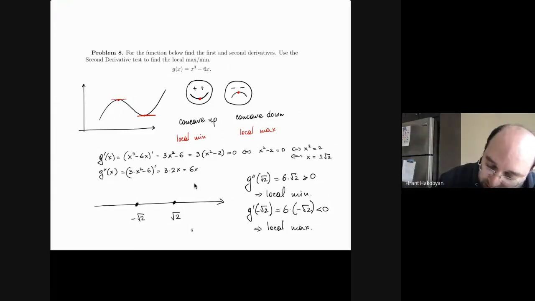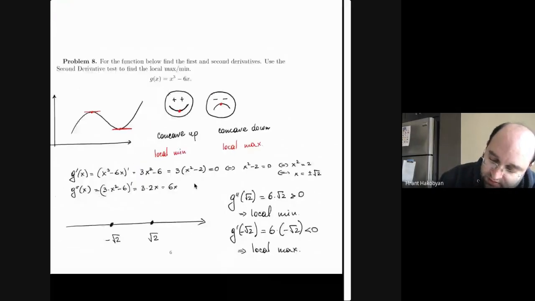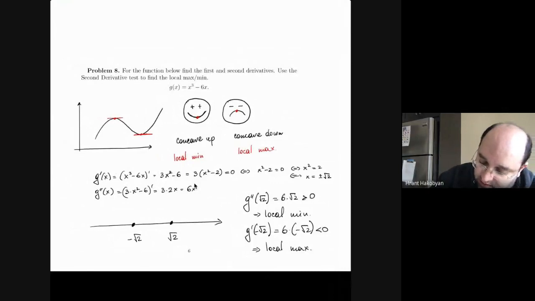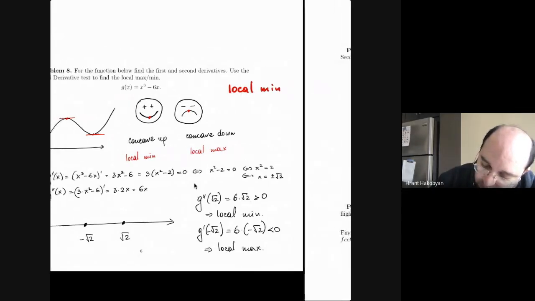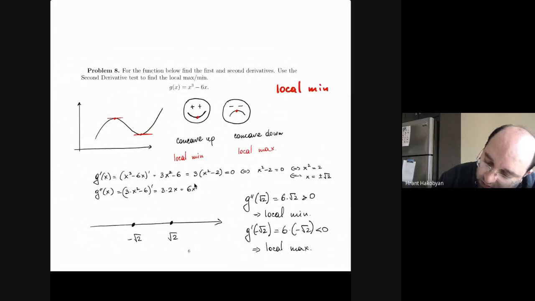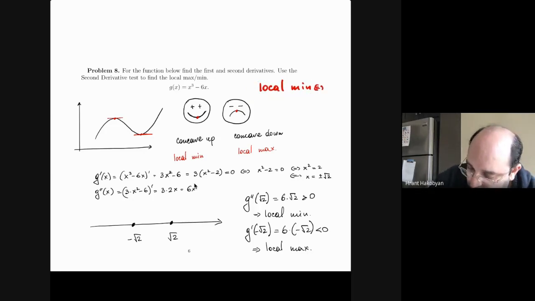This is called the second derivative test. So I'm going to write it again here. We have local minimum, which is the same thing as saying the second derivative is positive.